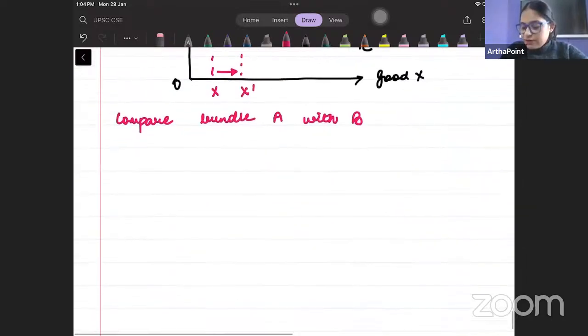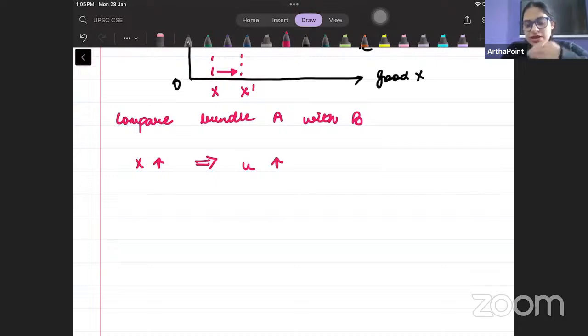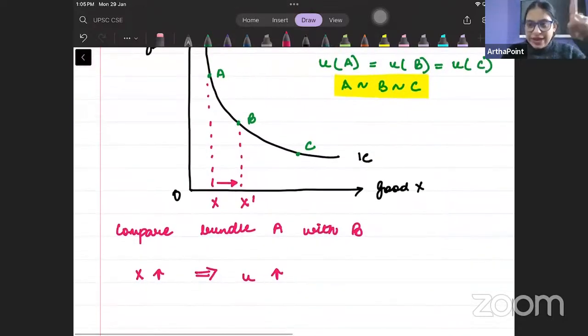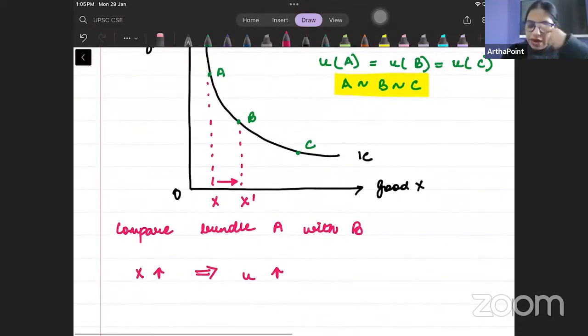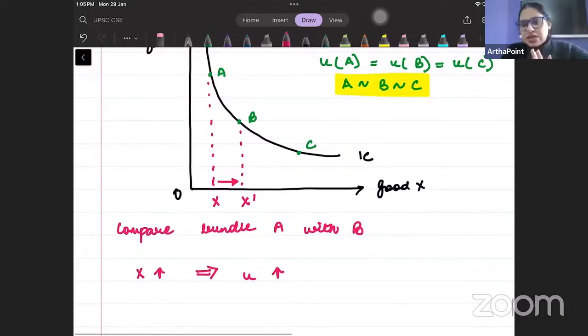We have already written that more is better, so when the amount of X increases, the consumer's utility increases. So when I go from point A to B, the amount of X is increasing, so the consumer's utility is increasing.